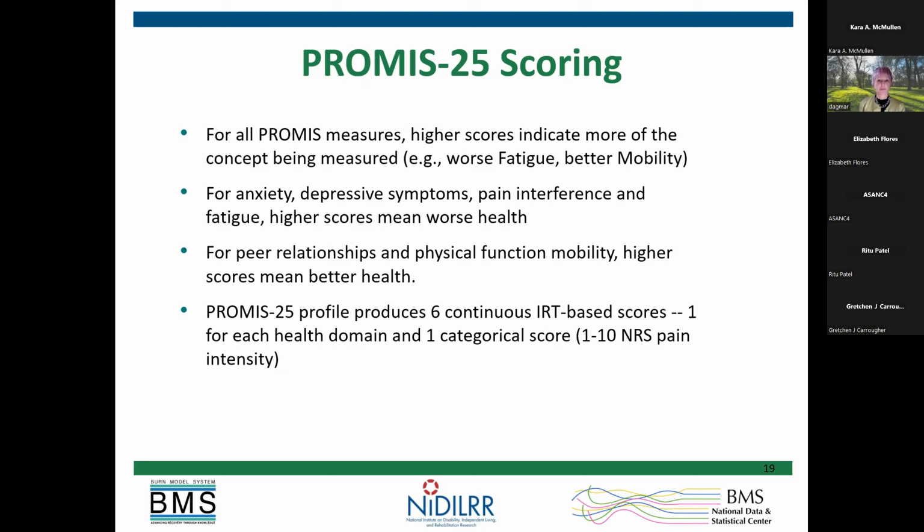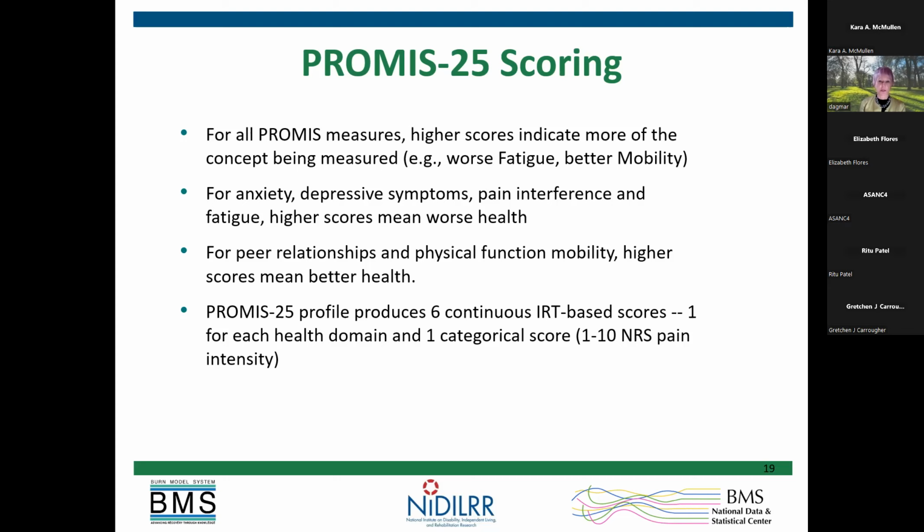But for peer relationships and physical function, mobility, a higher score means better health. This is what we see as most confusing to both clinicians and patients: understanding the direction of the score.